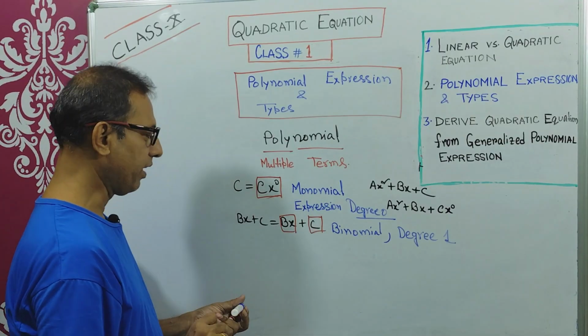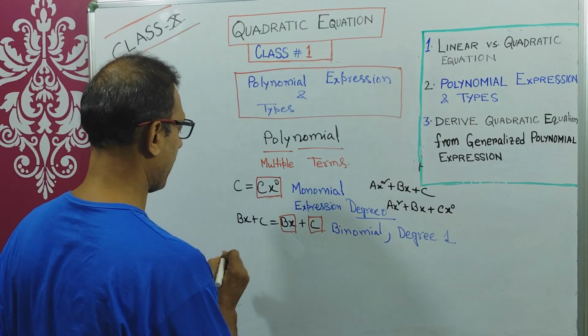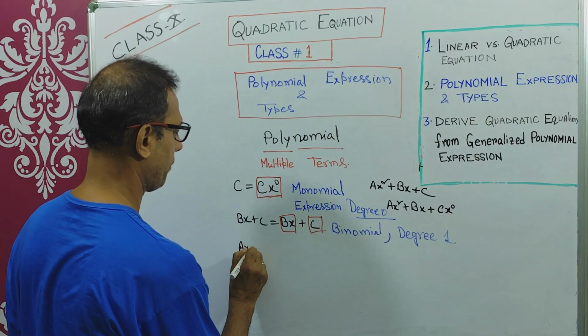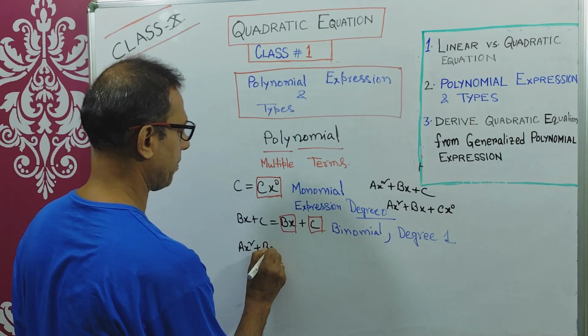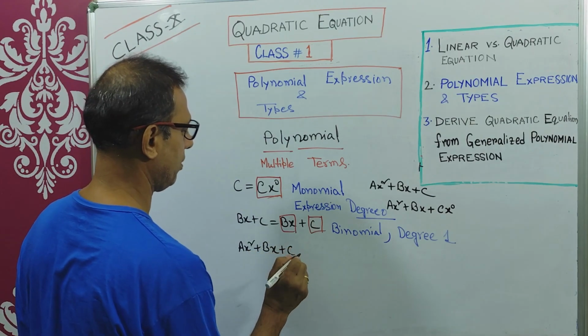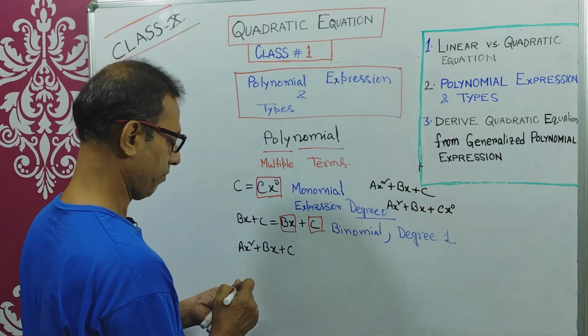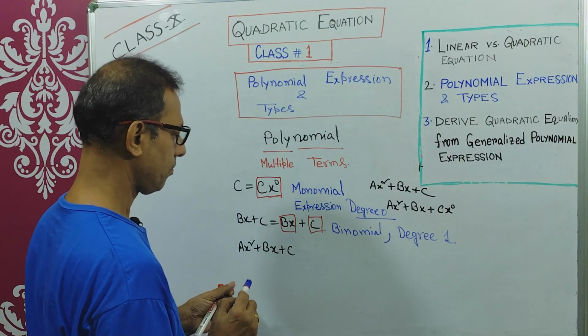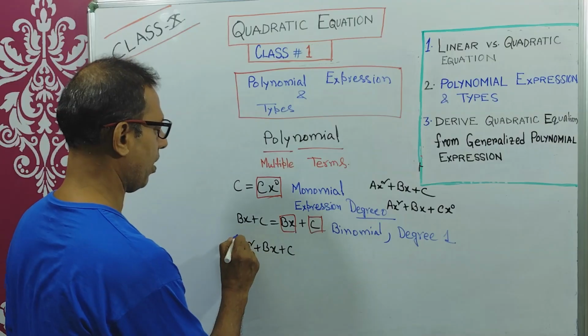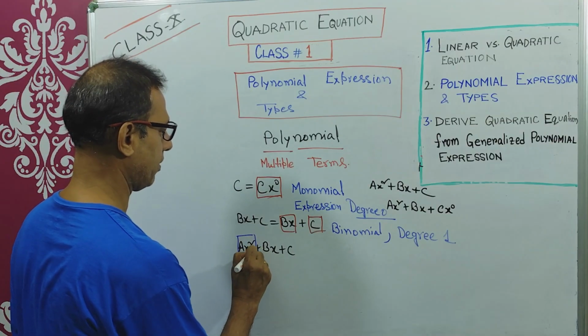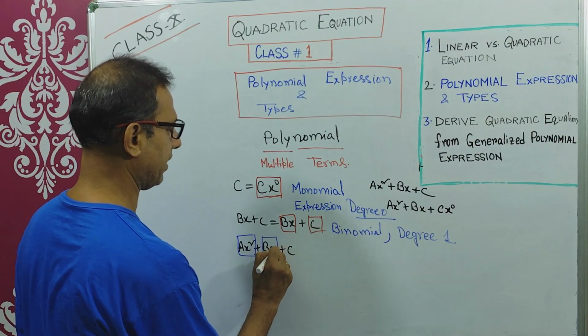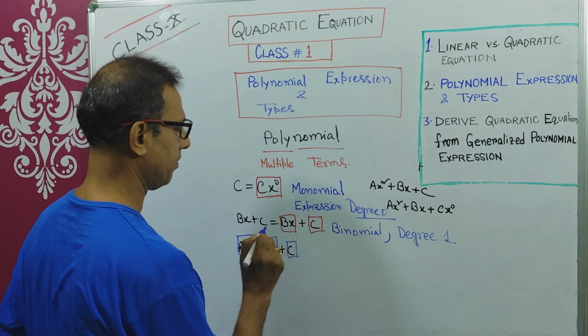Right? When I say ax square plus bx plus c, there is one term ax square, the second term is bx and the third term is c.